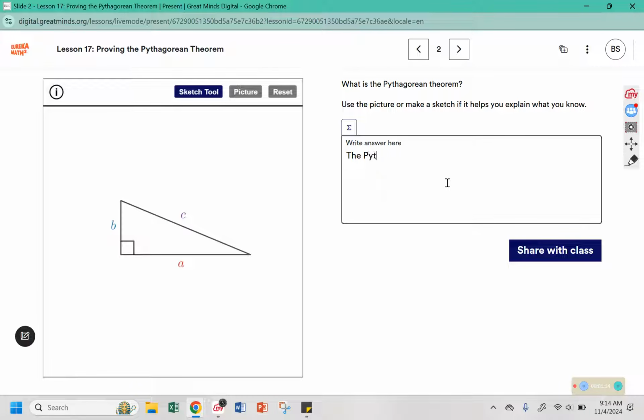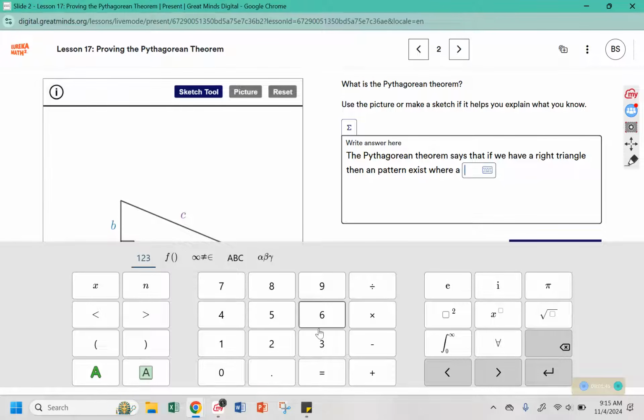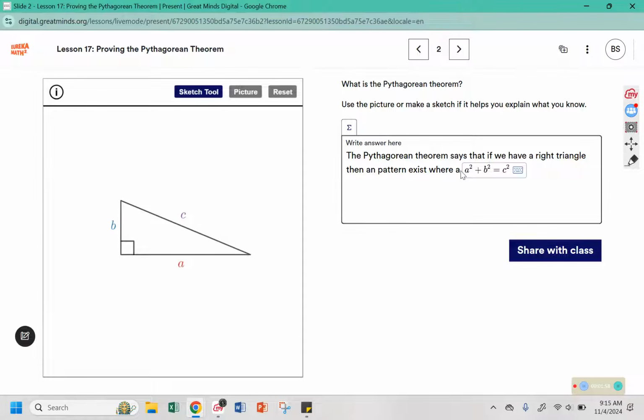The Pythagorean theorem says that if we have a right triangle, then a pattern exists, or a relationship exists, where a squared plus the side length for b squared is going to equal the side length for c squared, that longest side, which is called the hypotenuse.